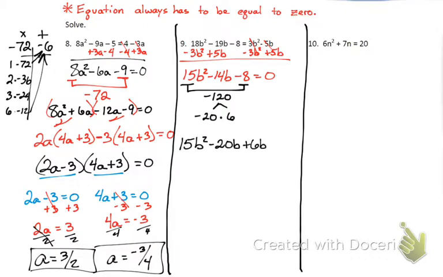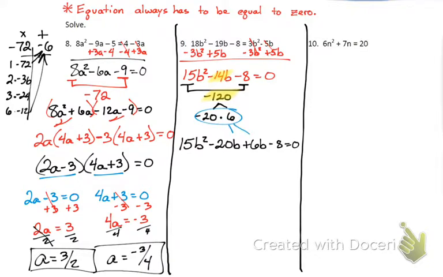So you can see here in my next step that a times c, 15 times negative 8, was negative 120, and then negative 20 and positive 6 made both of those work. Negative 20 times 6 made negative 120. Negative 20 plus 6 made negative 14. So I wrote those two numbers in the middle here.